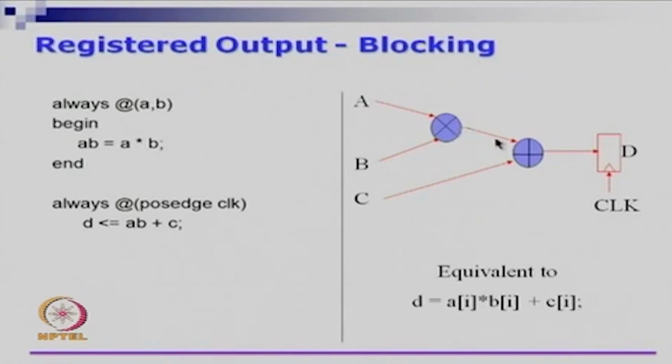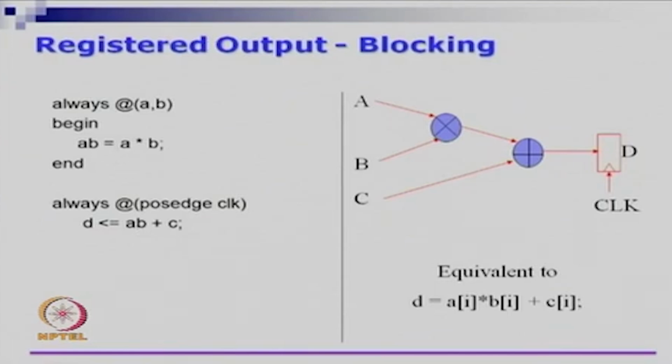This wire here is essentially AB, and here we have D equals AB plus C. So this is AB added to C should give D, and the reason why D is a register is because we have always at passage of clock, which means this D will be an 8-bit register and there are 8 lines going out of the adder which all get registered in D. So this is the hardware that will be inferred if you write code like this, and you can see that this is combinational in nature and this is sequential, and we have adopted all the policies that there is a blocking equal to here and a non-blocking equal to here and so on.